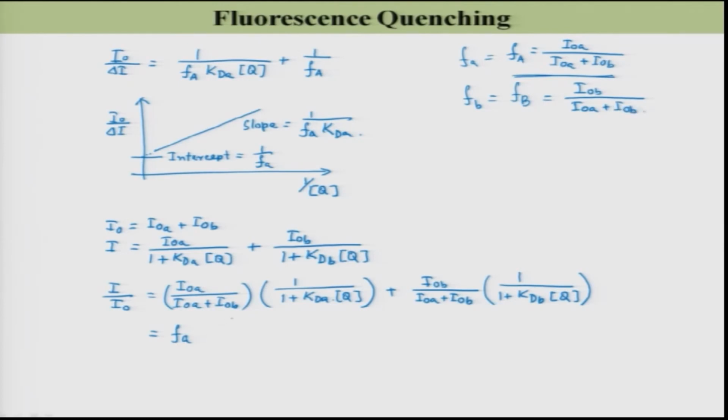So, this is Fa into 1 by 1 plus K dA into Q plus Fb into 1 by 1 plus K dB into Q. For having more than two sites, I will simply write the sum of Fi divided by 1 plus K di into Q. So, this is going to be a little complicated, and the limiting case is a little easier, but let us proceed with this.